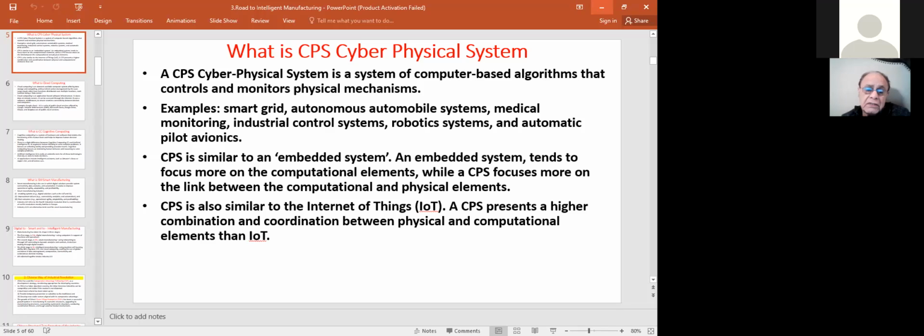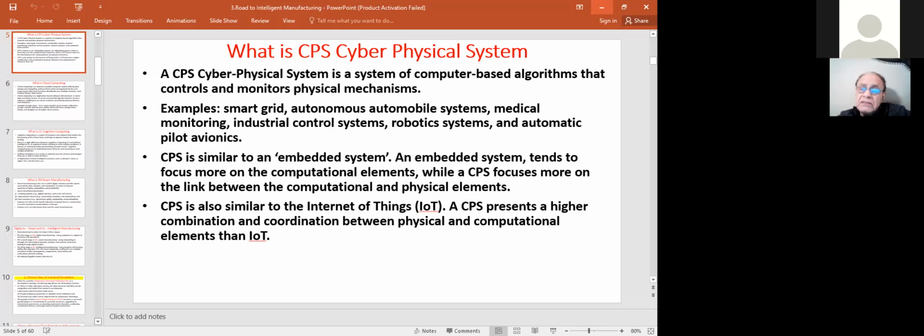So these physical systems, physical devices, when they are connected through internet, then we call it a cyber physical system. Examples are smart grid, autonomous automobile systems, medical monitoring and industrial control systems, and robotics, and automatic pilot avionics.